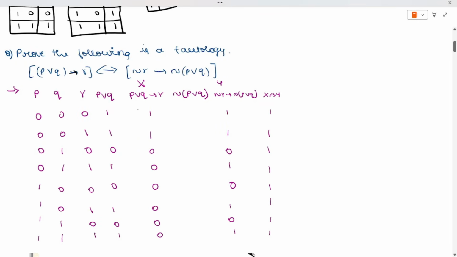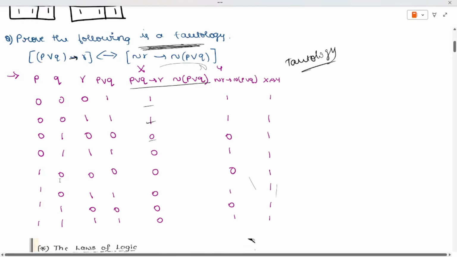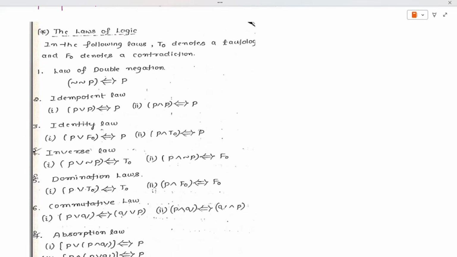If you prove this, first you will get 1 1 0 0 0, and the value of this you consider as y, and that will be 1 1, and if you do this and this, that is biconditional, you will get all truth values. So you can say that the given question is a tautology.